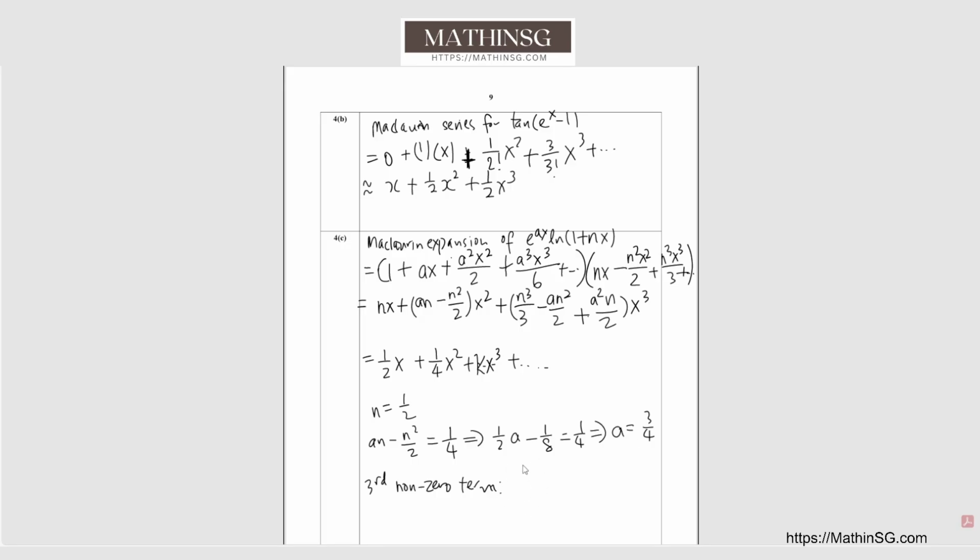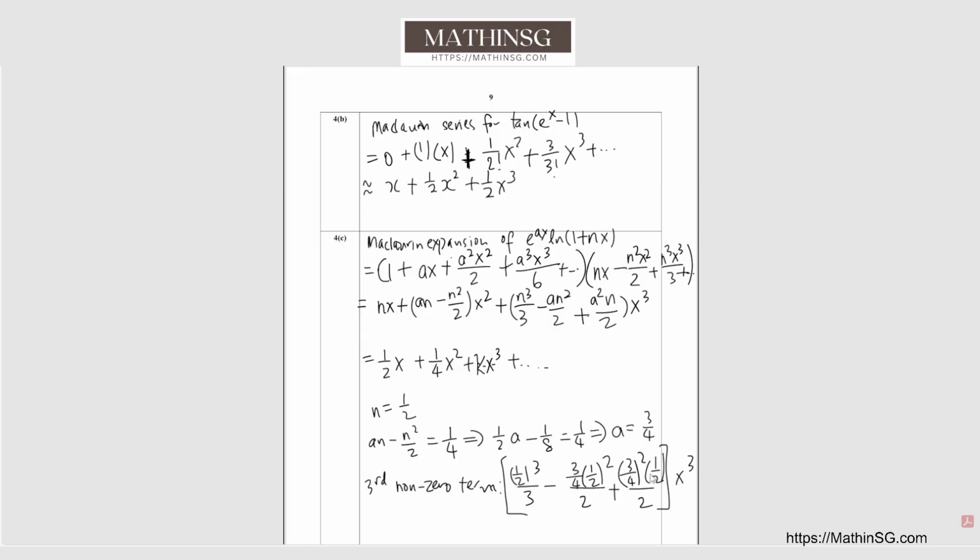So n is half, so it's half cubed over 3 minus 3/4 times half squared over 2 plus a, which is 3/4, squared, times half over 2.